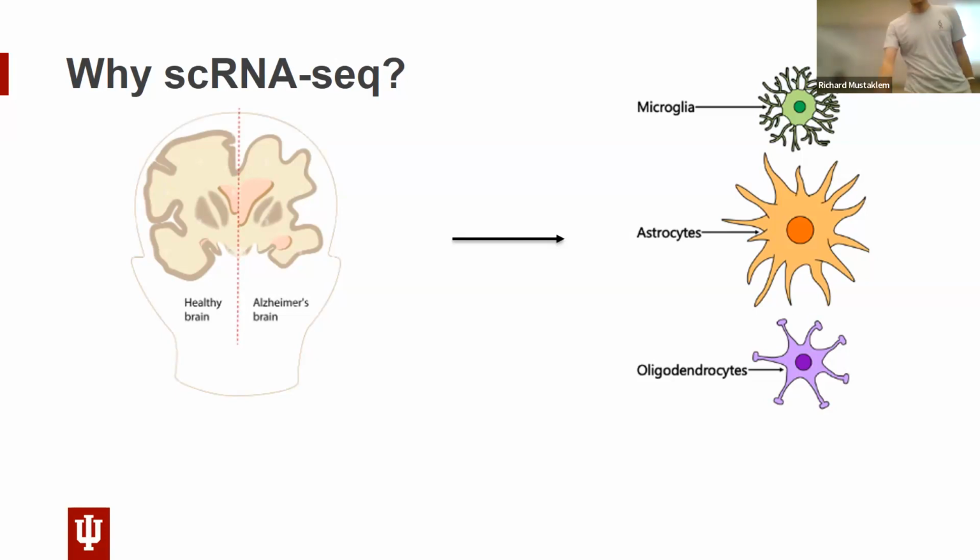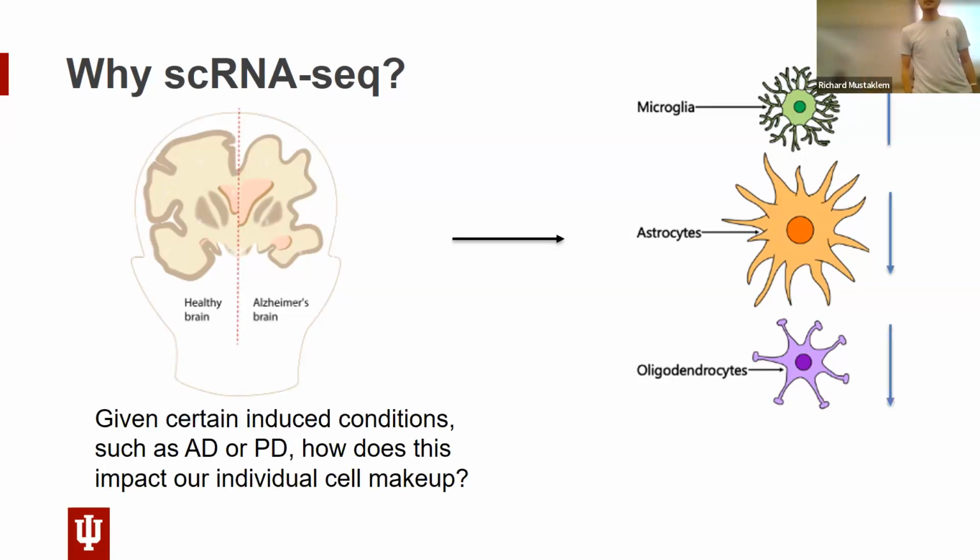Here we can see, this is very broad and isn't every case, but for example, with somebody with Alzheimer's, we might see an increase in microglia, a decrease in astrocytes, and a decrease in oligodendrocytes. This was made possible because we can look at the cellular populations of the individual with Alzheimer's versus the person with a normal brain.